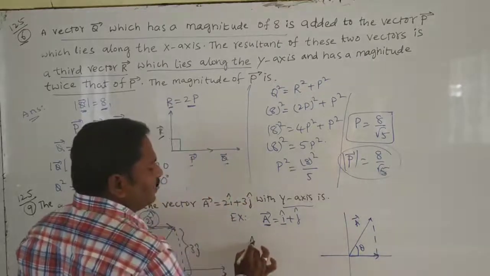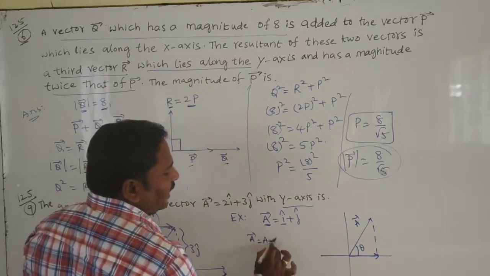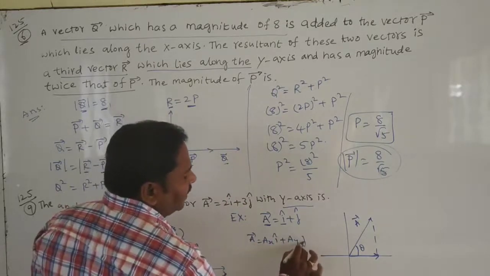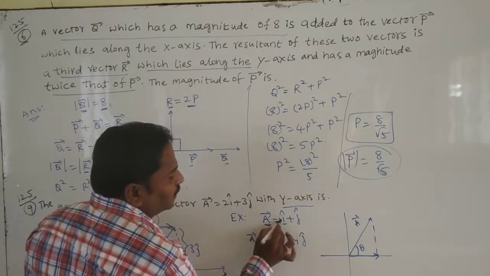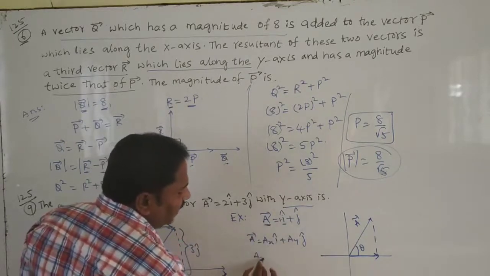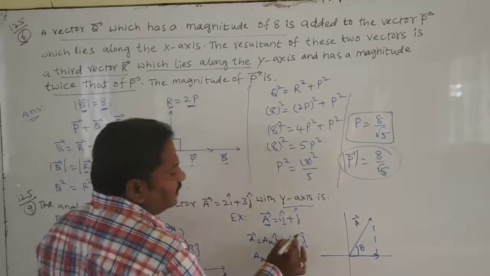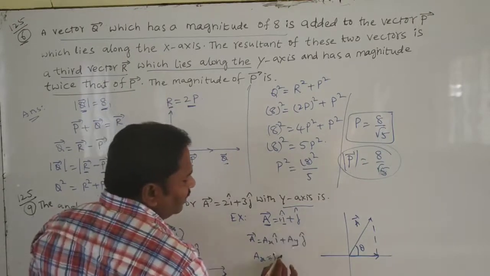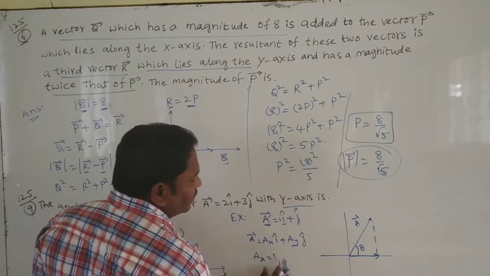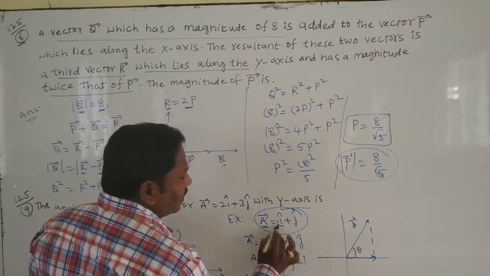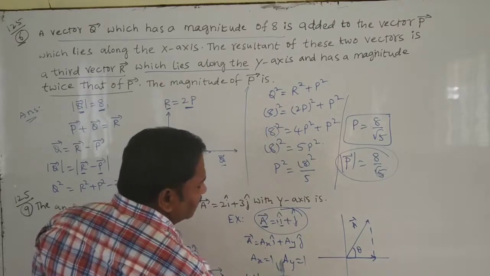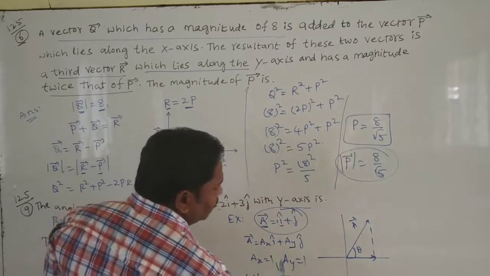We compare with ax i cap plus ay j cap. Instead of ax, 1 will be there. Instead of ay, 1 also. So its magnitude equals root over 1 square plus 1 square, which equals root 2.